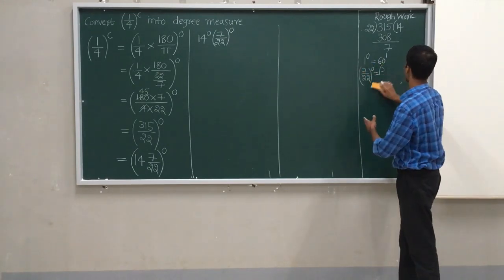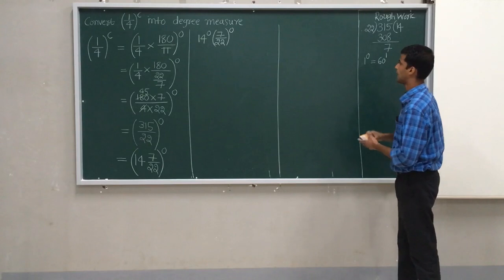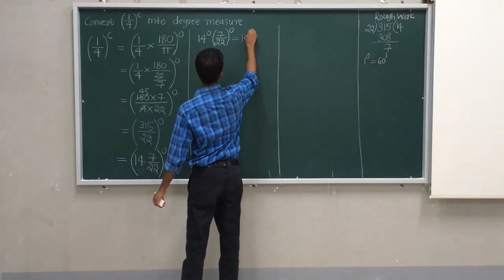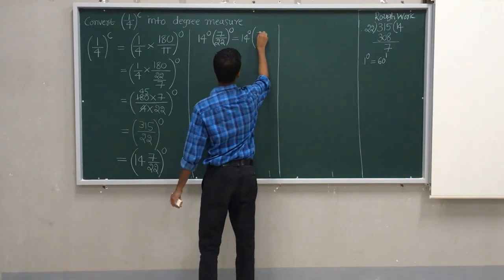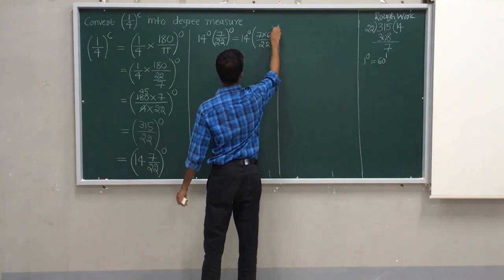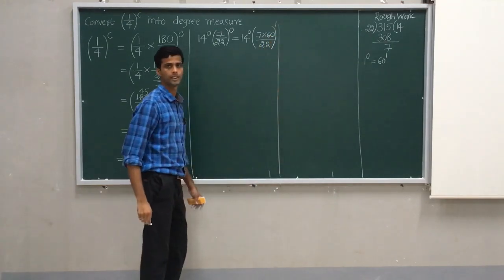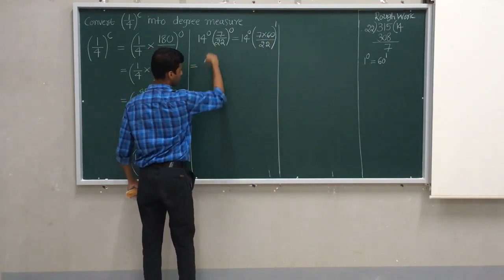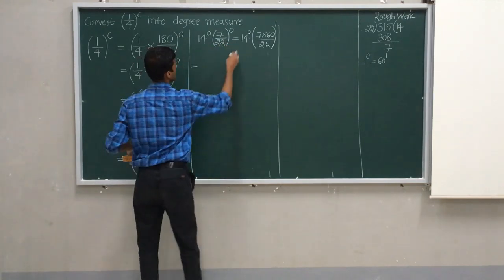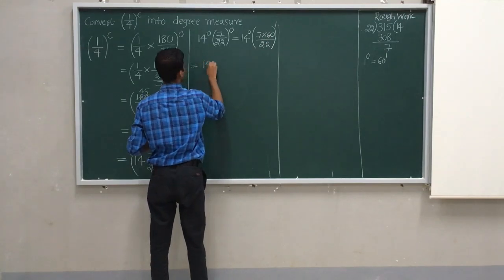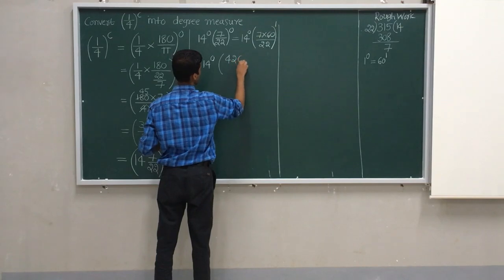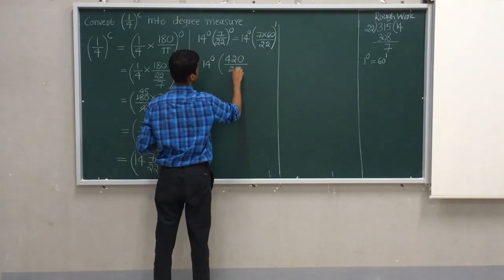Therefore, I can say this as 14 degree 7 into 60 by 22 minutes. In paper you write it one by one. It is nothing but 14 degree, 7 sixes are 420, upon 22 minutes.